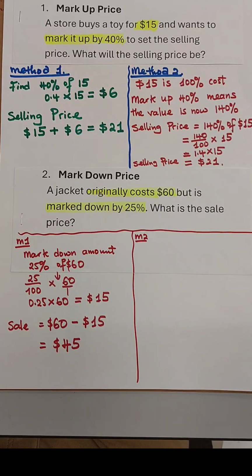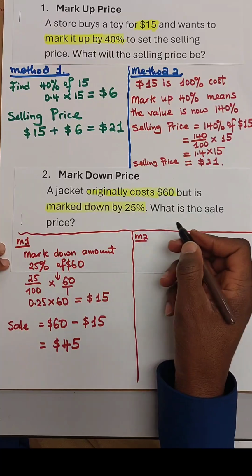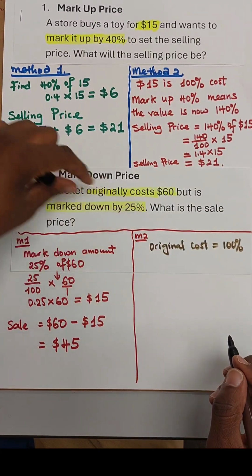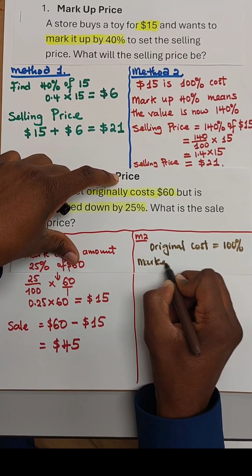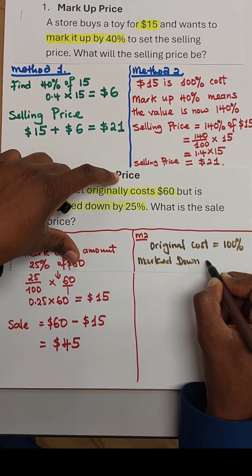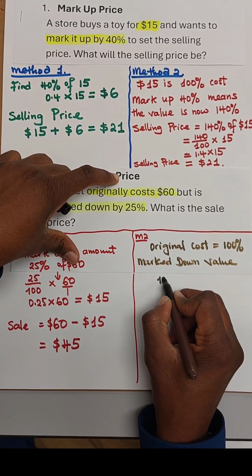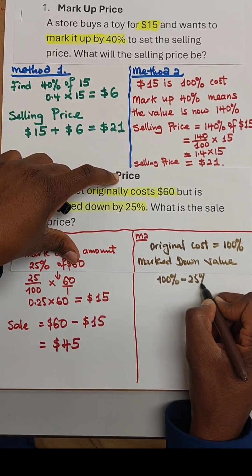The second method, you do not need to do the 2 steps. With method 2, the original cost is considered 100%. So the markdown value will be 100% minus 25%.